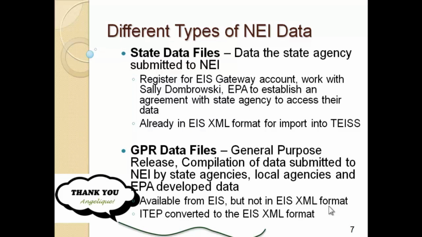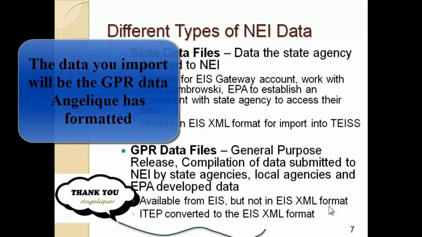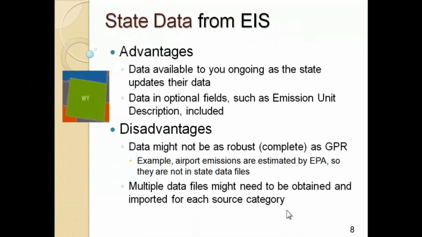And the next few slides will discuss the difference between these two data sets, and although we're using the GPR data for this training, if you want to use the state data files in the future, we'll give you some insight into that. State data files is the first one we'll talk about. And there are advantages and disadvantages to using both of the types of data sets.